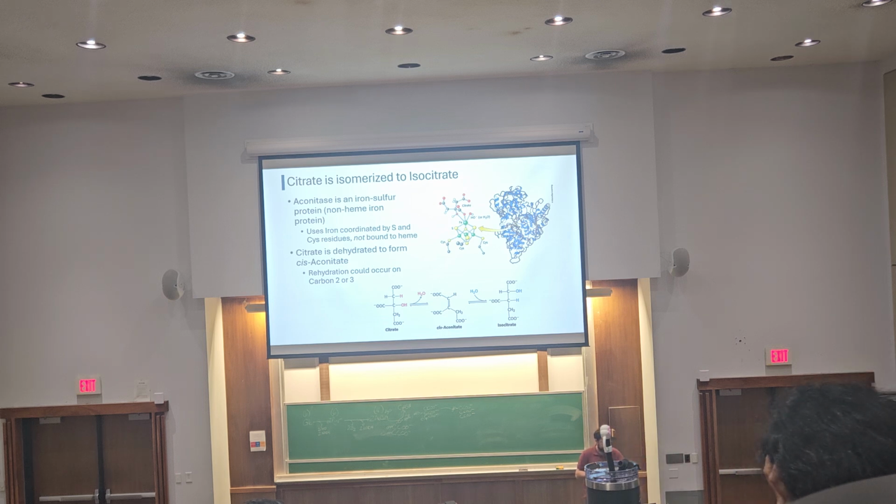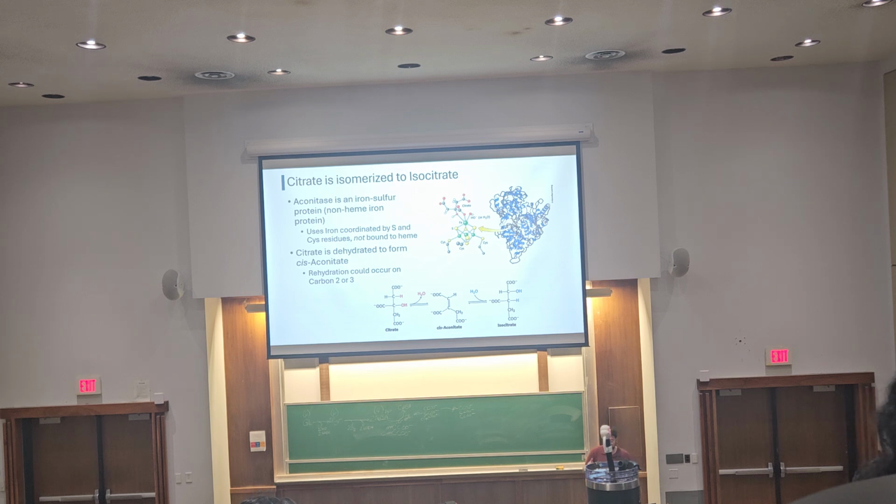Now, aconitase is a class of enzyme that we call an iron-sulfur protein, or more generally a non-heme iron protein. And we've already seen an example of a heme iron protein in hemoglobin, right? And this, of course, had an iron. Not all iron that participates in enzymatic reactions is bound to heme, right? Sometimes they're bound to sulfur, and that's what we have here.